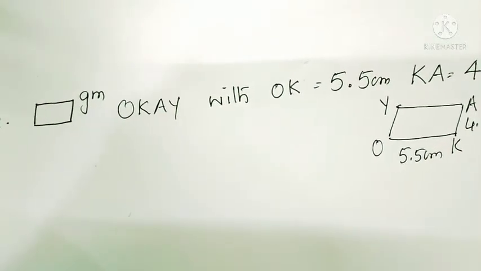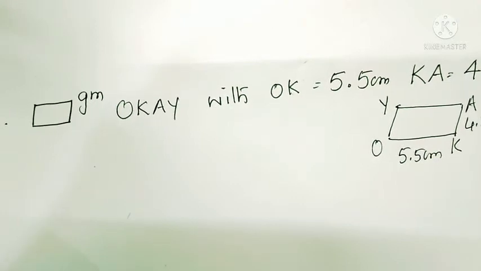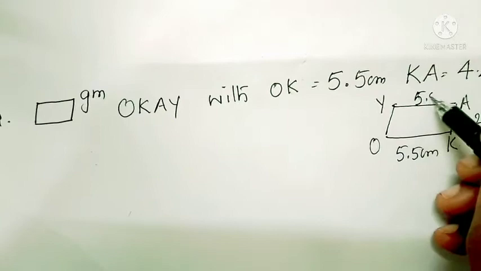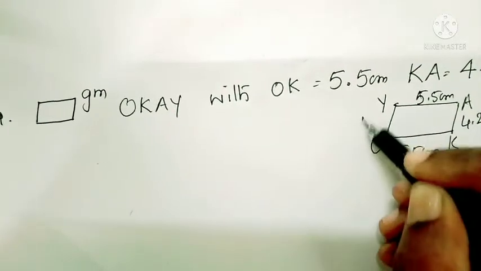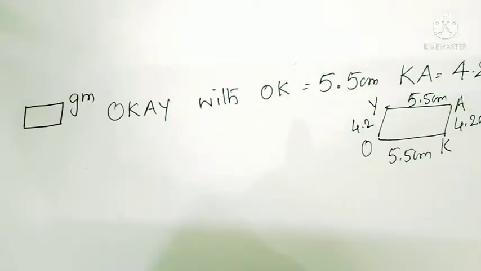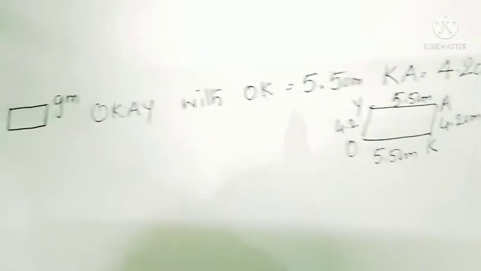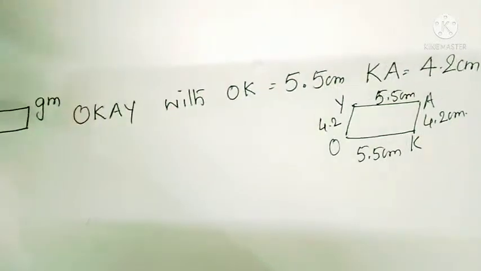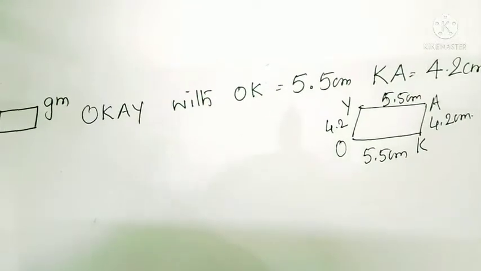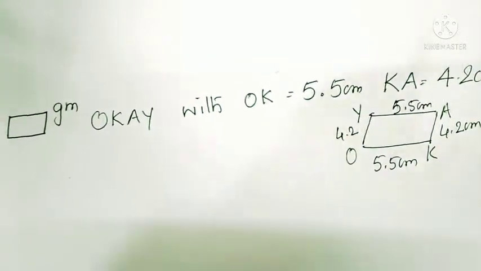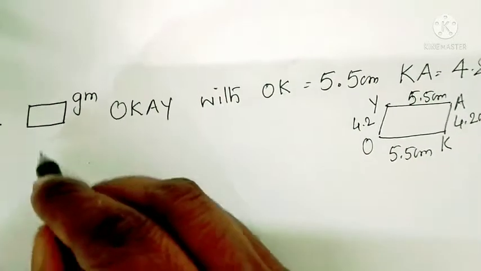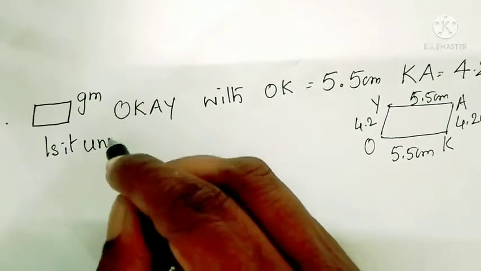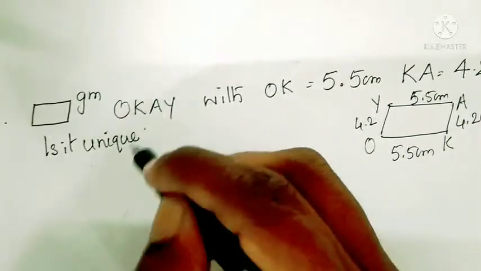Nothing else is given. But we know that if this is 5.5, this is also 5.5 and this is 4.2. Now, if you make this, the question here is, is it unique?